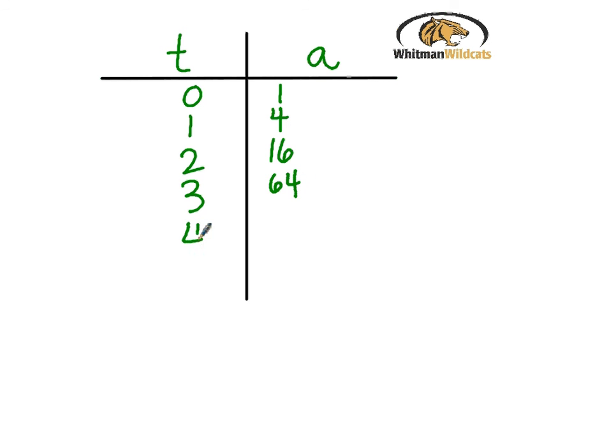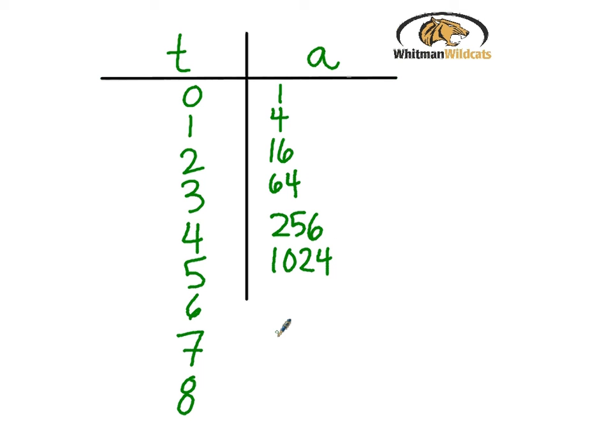And so now to finish out our table, 4, 5, 6, 7, and 8, we're going to do 64 times 4, and that's actually 256. And 256 times 4 becomes 1,024 amoeba.